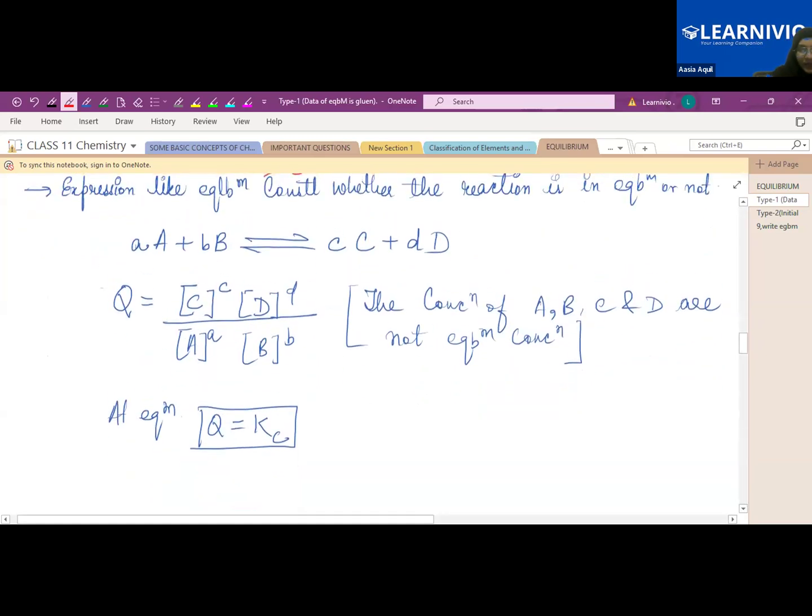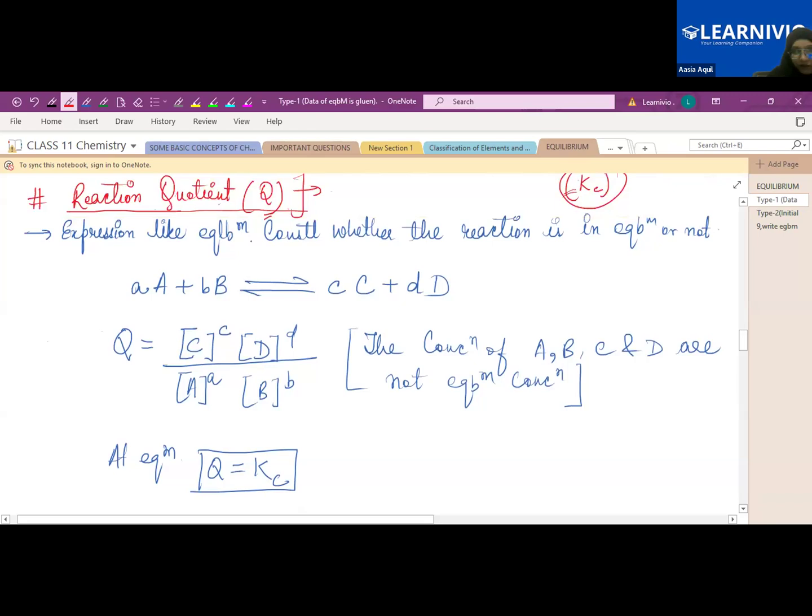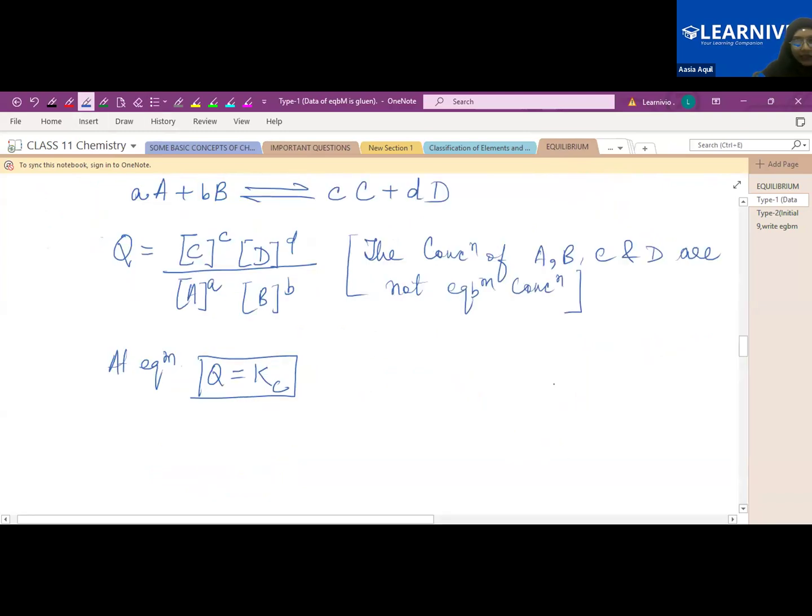See, we will write down the same thing for Kc as well as for Q. Just as we write the reaction expression in Kc. For example, suppose we take aA plus bB giving cC plus dD.